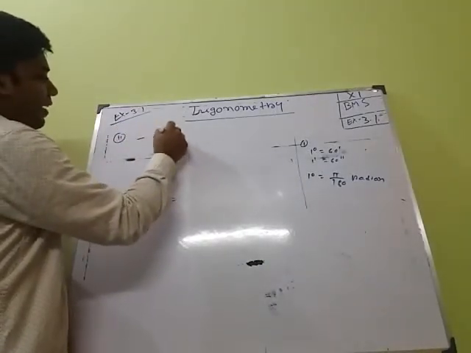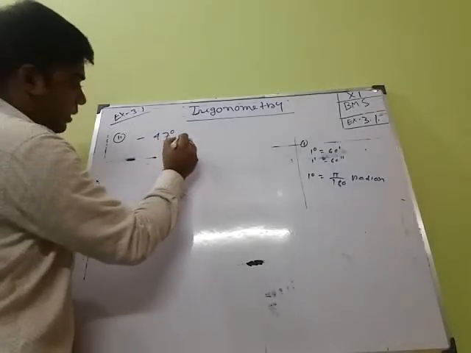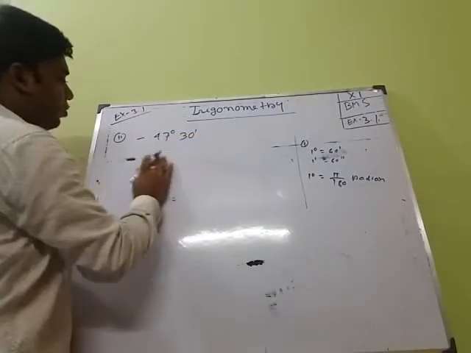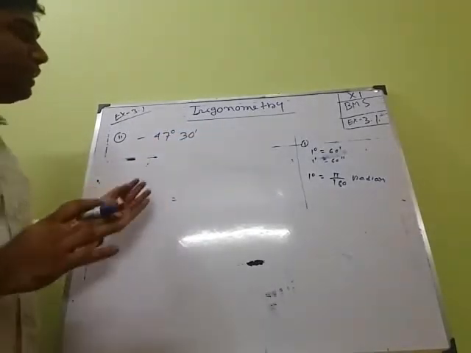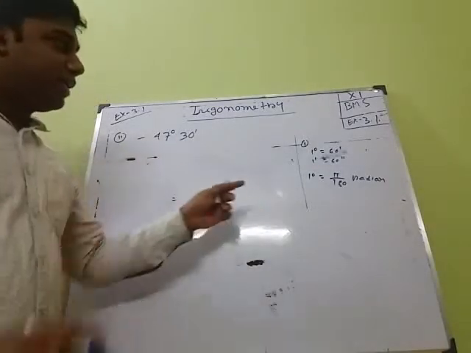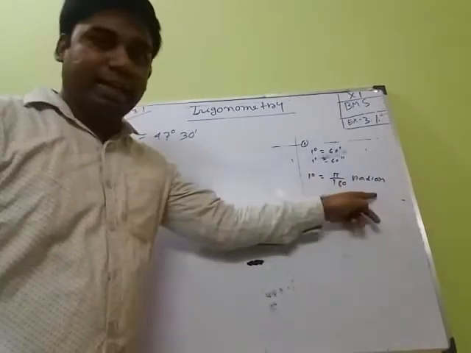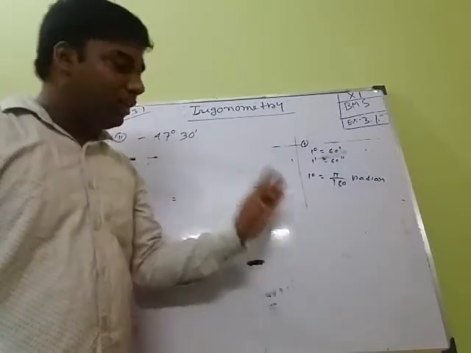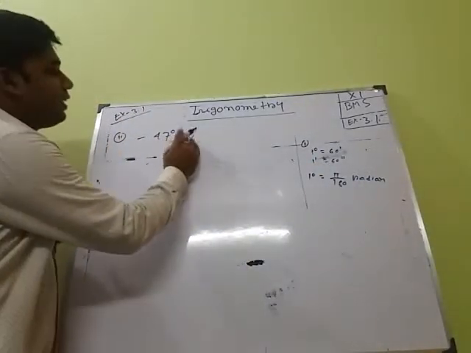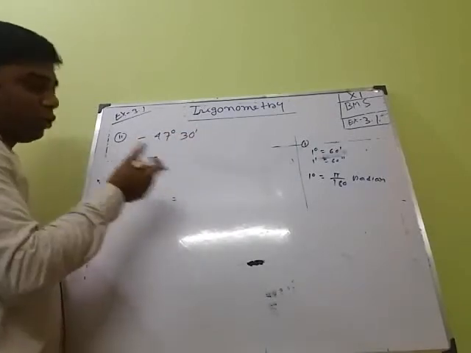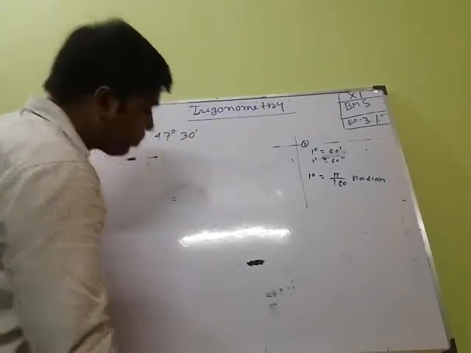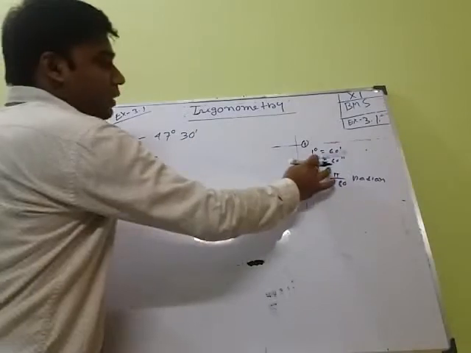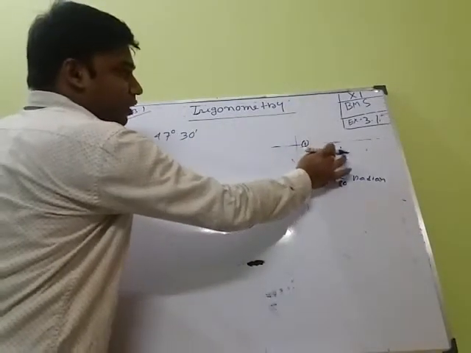Minus 47 degree 30 minute. First of all, if I want to change it into radian, we have a relation between degree and radian, not minute to radian. So it is better to convert the minute into degree. We know that 1 degree equals 60 minute.